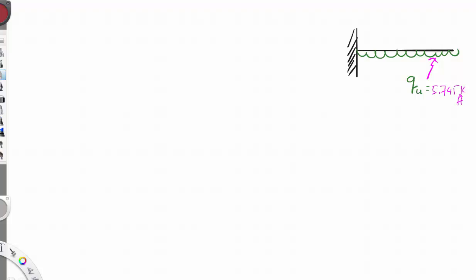Now, according to the building code, the maximum shear happens at distance of D from the face of the wall. This is the maximum shear location, or they call it critical shear section. And this happens at distance of D.